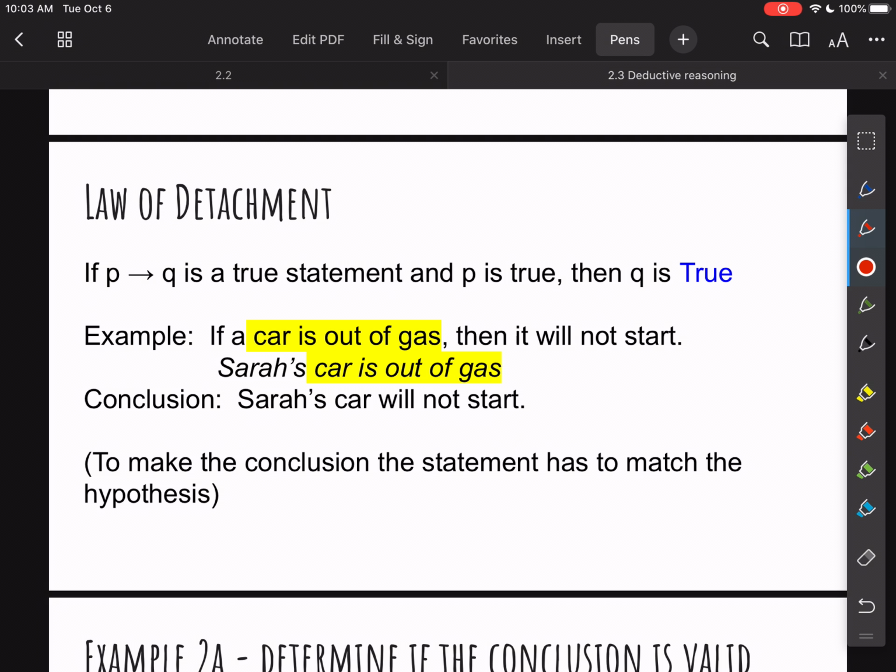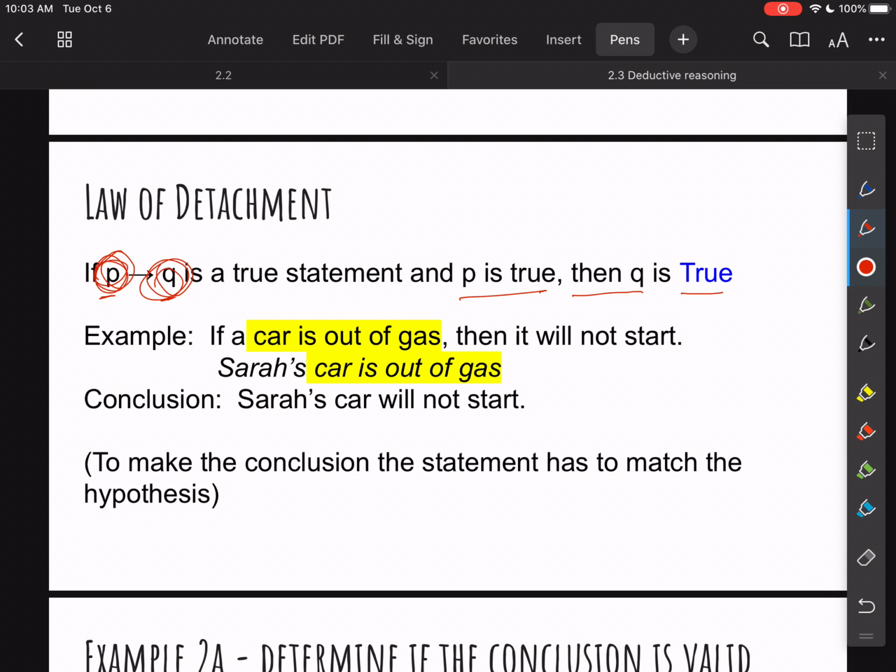And what this says is, and hopefully you remember this from last time, if the statement if P then Q is a true statement, and P is true, then Q is also true.